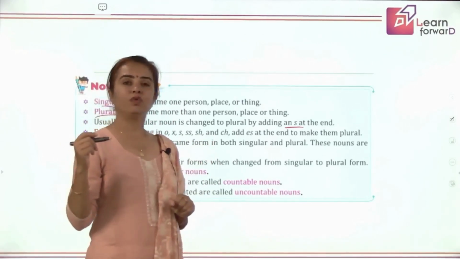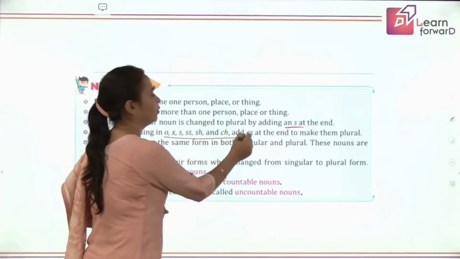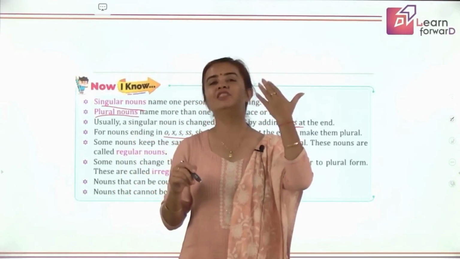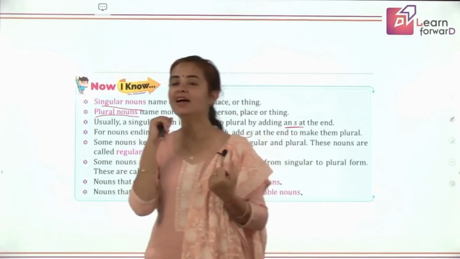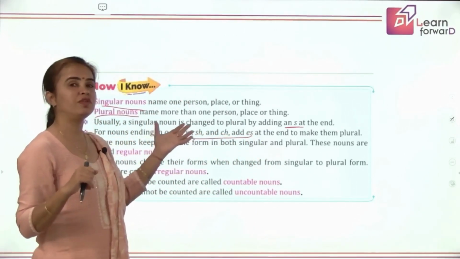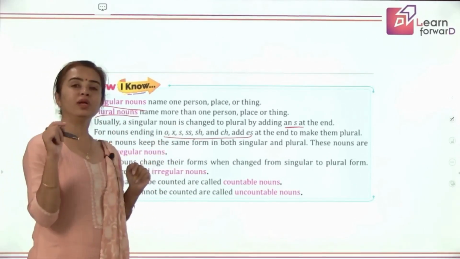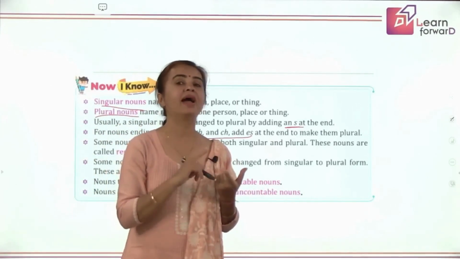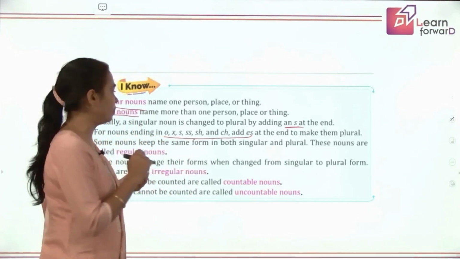And the next was adding es to the magic ending sounds SOX ch, sh, double s and double z, the buzz and the hiss sounds. They are all magical sounds to which we add es to make the noun plural. Now there are some regular nouns which remain the same in singular and plural, like sheep and deer, even hare. So these are the nouns you have to remember. They are regular.